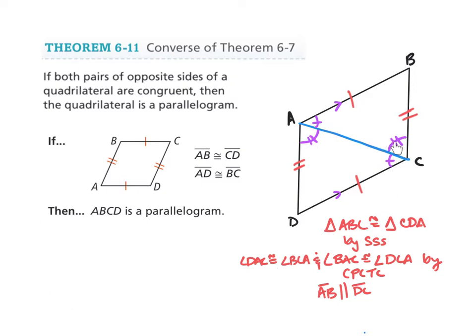So I've said that these two angles are congruent as well as these two. And so that means that not only is segment AB parallel to DC, but segment AD has to be parallel to segment BC. So we can say and segment AD is parallel to segment BC. And so now you can see we've shown that both pairs of opposite sides are parallel, which means that our quadrilateral must be a parallelogram.